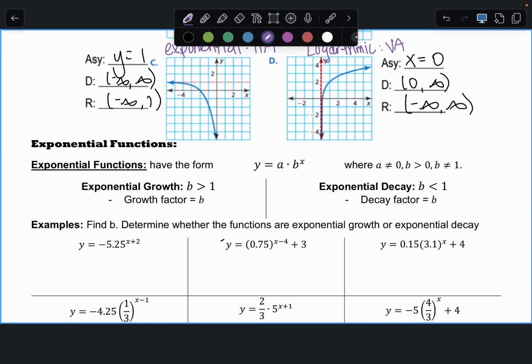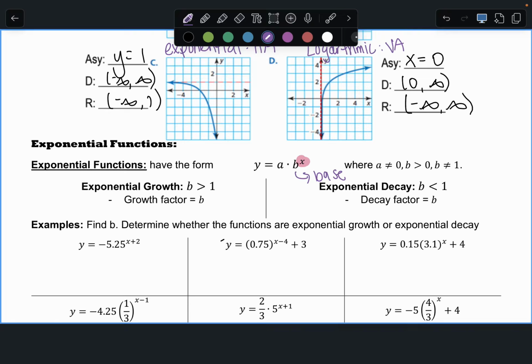So again, the key is that the variable's in the exponent. That x is a power. When we talk about exponentials, the number that's raised to a power, we're going to call that the base. So b is the base. The a value in the front usually stretches or shrinks our graph, okay?